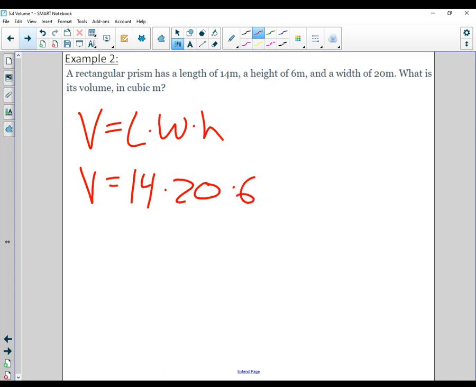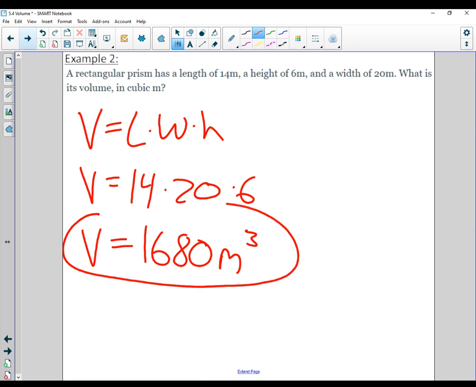I'm not going to do that one in my head. And then that's also in cubic meters. And how you say it out loud is not meters cubed, but cubic meters.